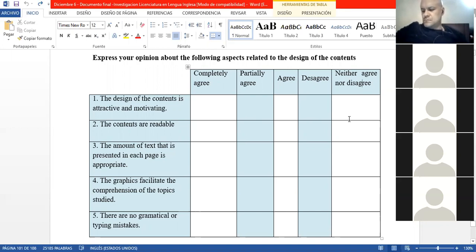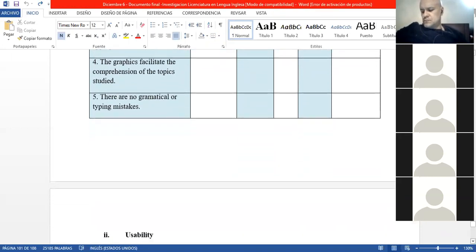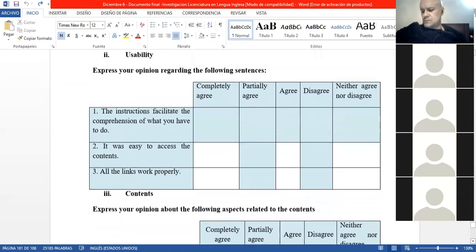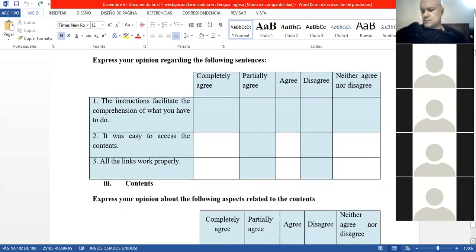So here the sentences were about contents. The second part, the sentences were about usability. If students found that they could use the learning object easily. Well, here we have contents again.